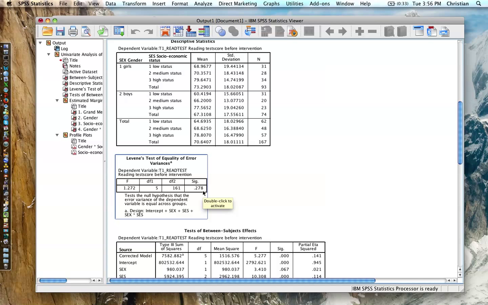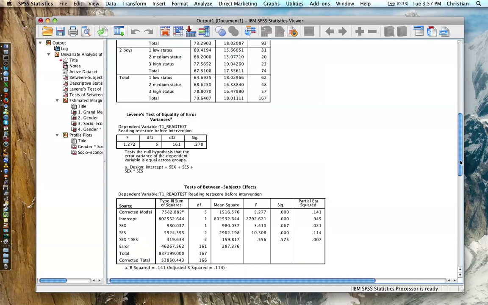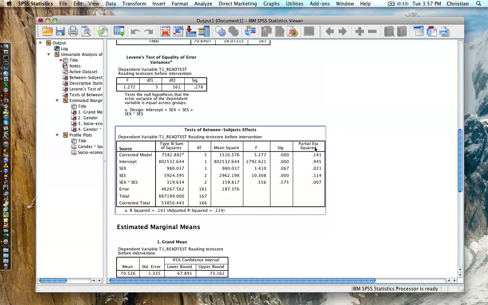We say that we have no statistical reason to believe that there's a significant difference amongst the variances. If this turns out to be significant, then we have reason to believe that the variances are different between the groups, that at least one variance is different from the others. So here we have no significant differences. We can keep going, and we come to the ANOVA table.